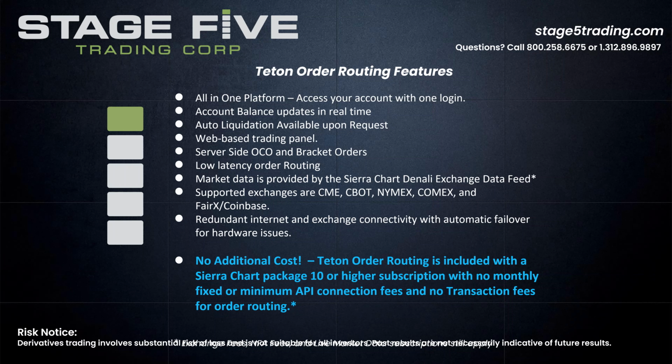And our server is co-located with the CME order matching servers in the Aurora data center in Illinois. And we run on an ultra low latency network that is used by high frequency traders.